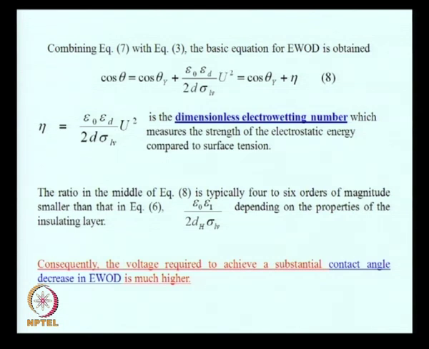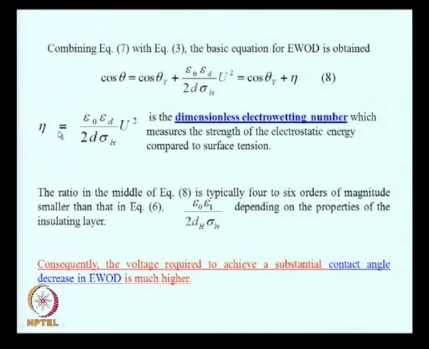So, for electrowetting on dielectrics we get the value of D to be of the order of 1 micron, whereas the D for the case of electrowetting only would be of the order of a few nanometers. Therefore, the value of the electrowetting number, which is denoted by eta, which measures the strength of the electrostatic energy compared to surface tension, is going to be vastly different between electrowetting and electrowetting on dielectric.